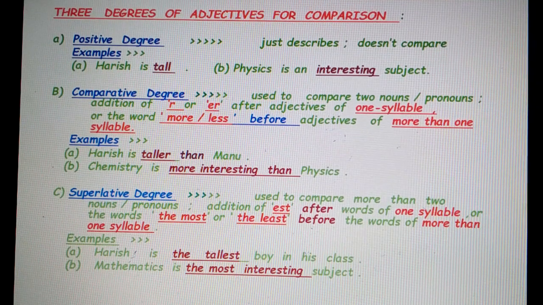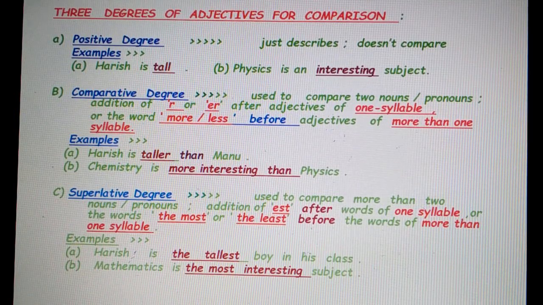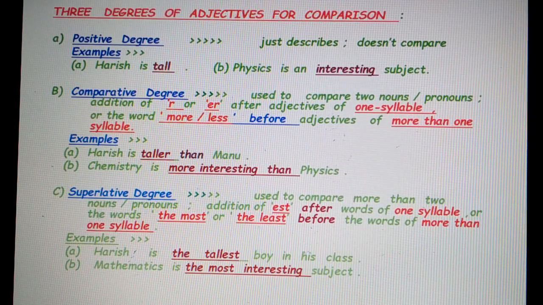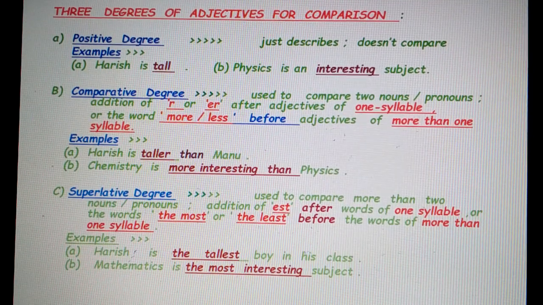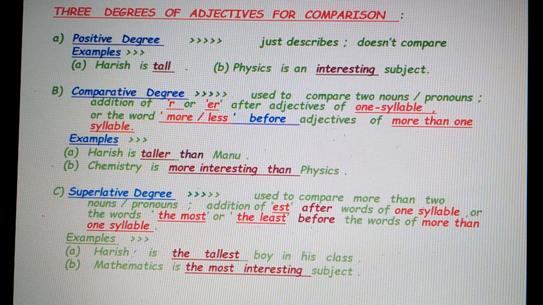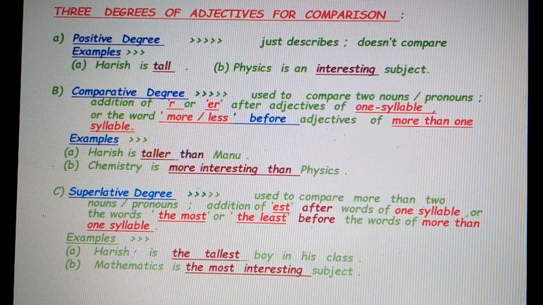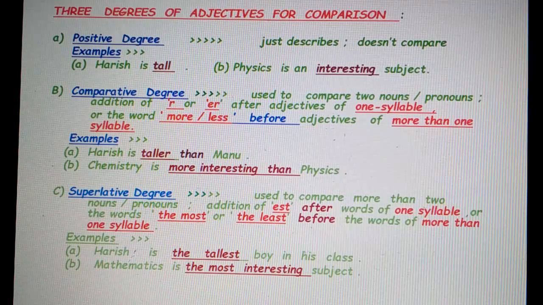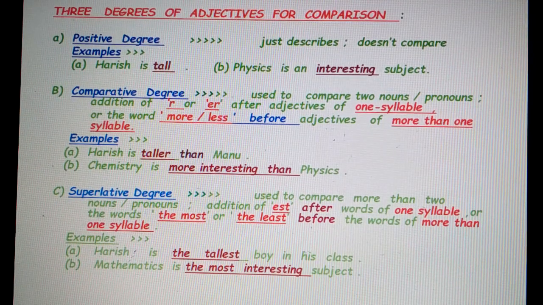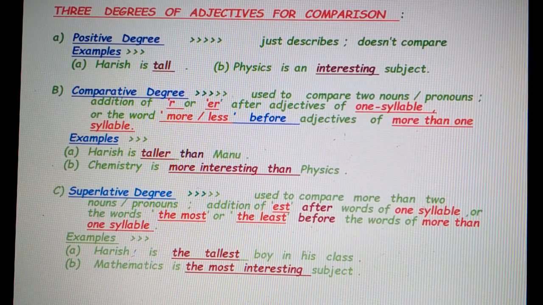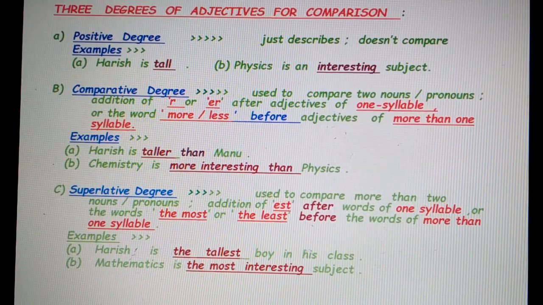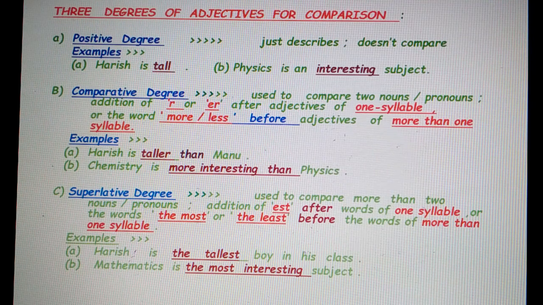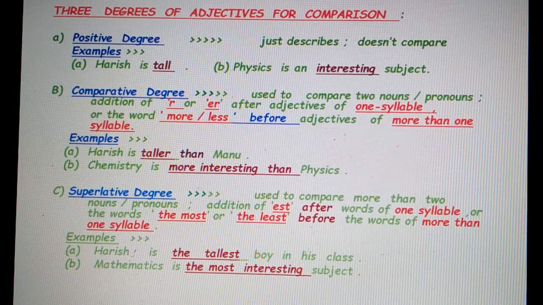How will you change the degree? We have to add the letters est after the words of one syllable. This is one point. And with the adjectives of more than one syllable, we will add the words the most or the least, just pay attention, before the adjectives of more than one syllable.